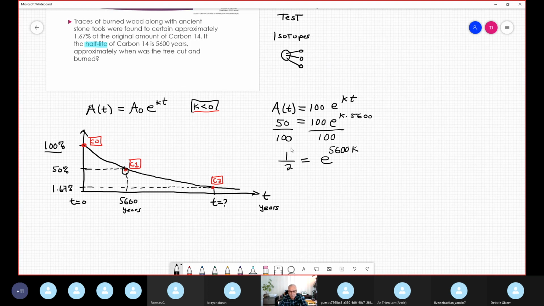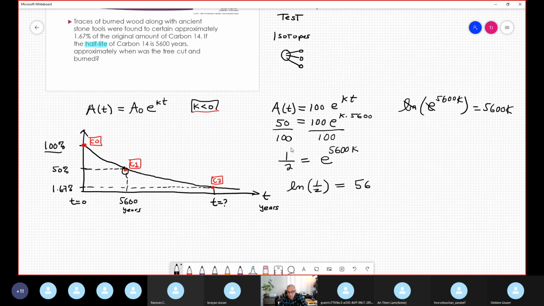Okay, in this moment, one more time, I apply logarithm on both sides. It's obvious that we apply the natural logarithm. When you apply a logarithm to an exponential, you get the exponent, because the log and the exponential cancel out.